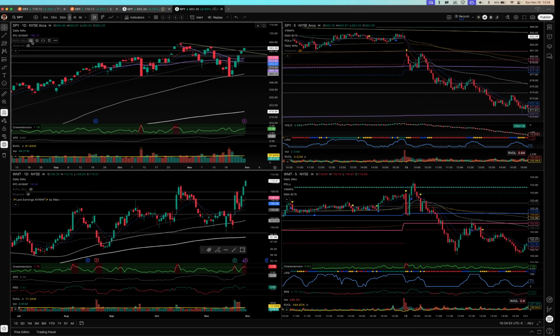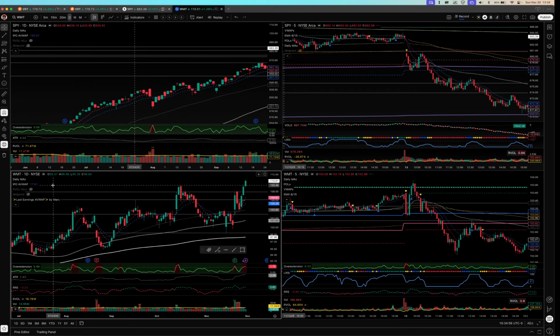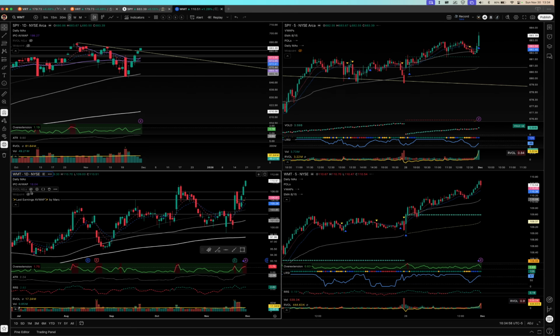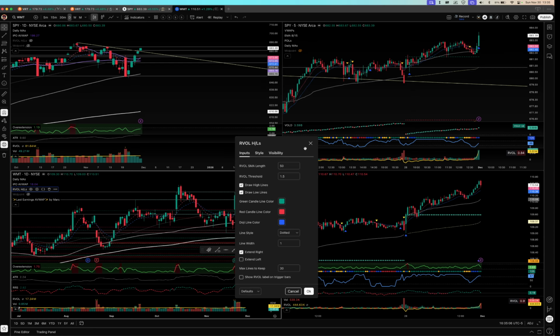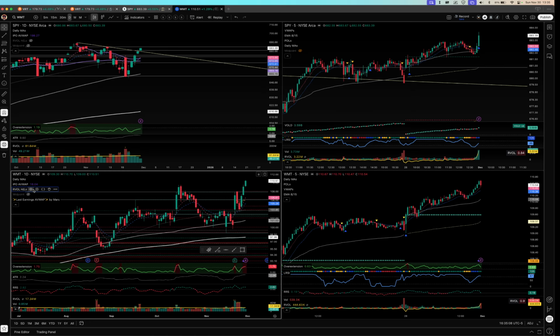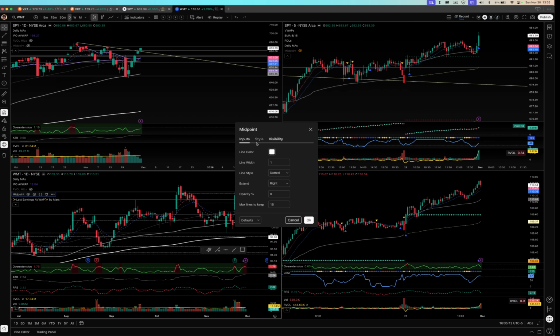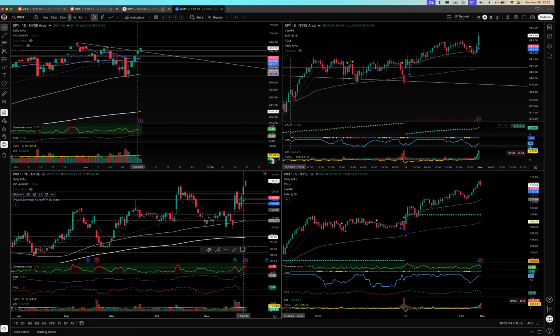I do have some indicators that I don't always put up. For example, on Walmart, I have this indicator that'll plot high volume highs and lows based on a certain threshold. In this case, 1.5 RVol, it can draw lines. And then also an indicator that will plot the midpoint of high volume candles over here.